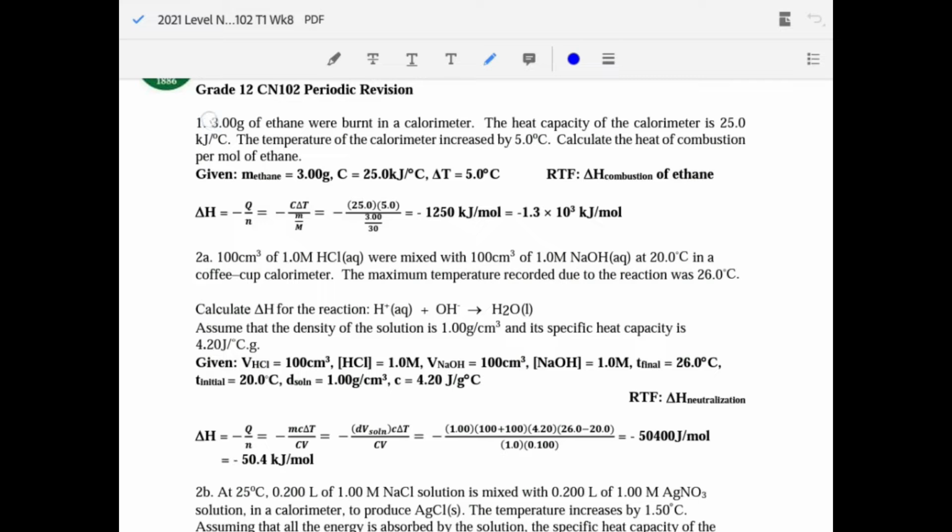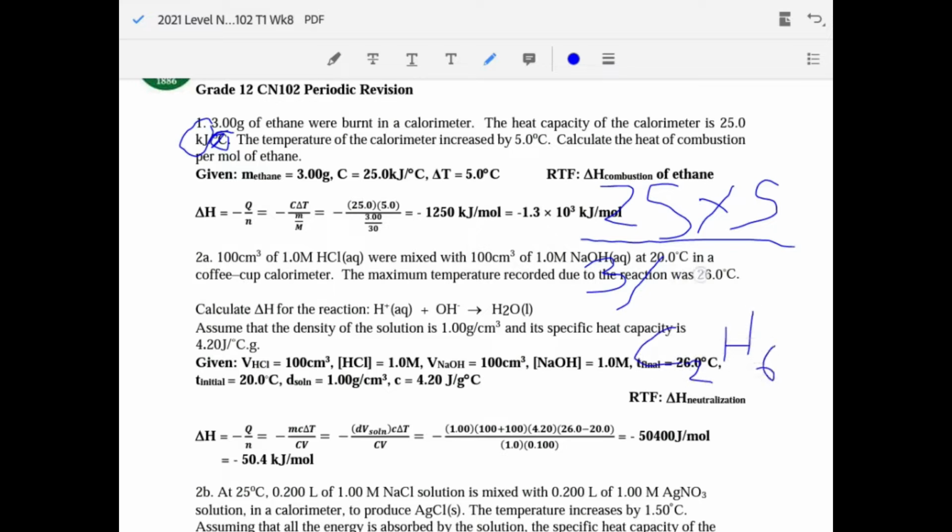So here you have joules, so that's energy, and then you have to multiply it with Celsius to get rid of this. So it becomes 25 kilojoules times 5 over number of moles. Now 3 grams of ethane, so mass over molar mass, so 3 divided by ethane is C2H6, so that's 30.